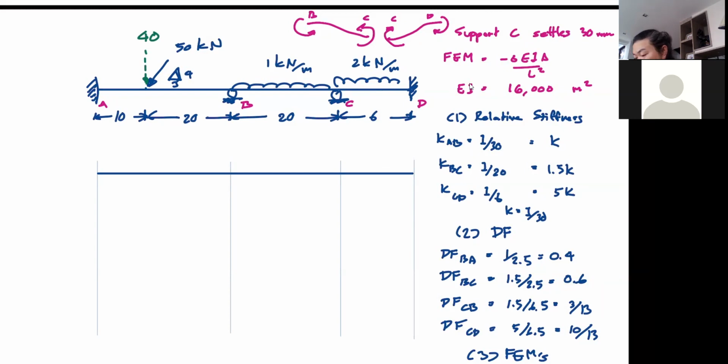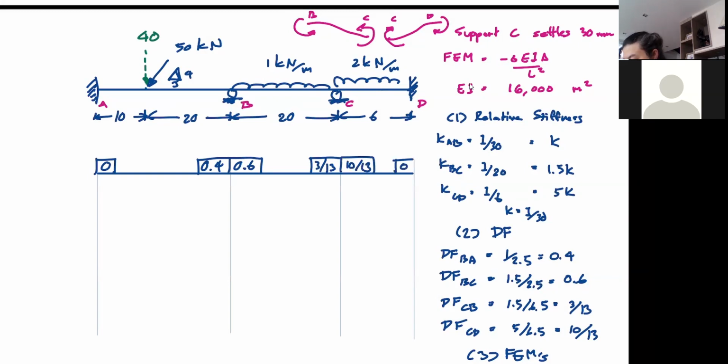And now we have the fixed support again. So no distribution factor here, 0, because it's already fixed. This becomes 0.4. That becomes 0.6. This is 3/13, 10/13.